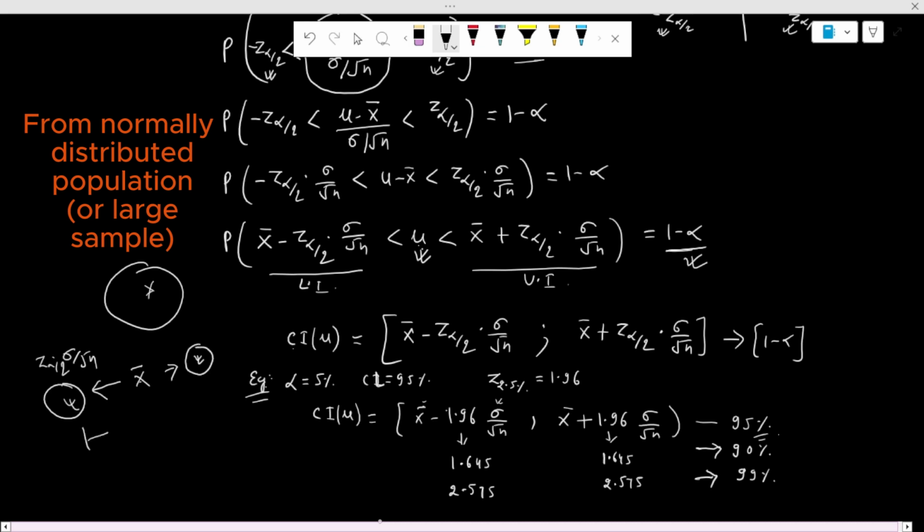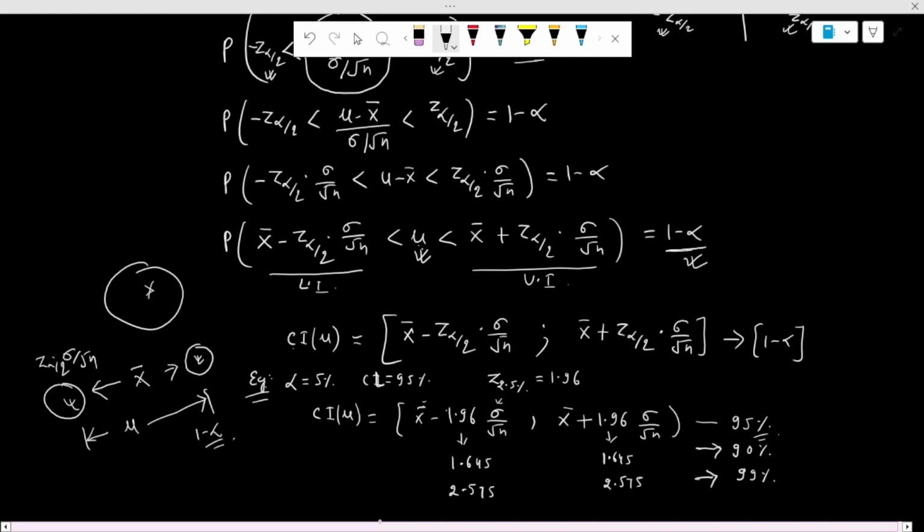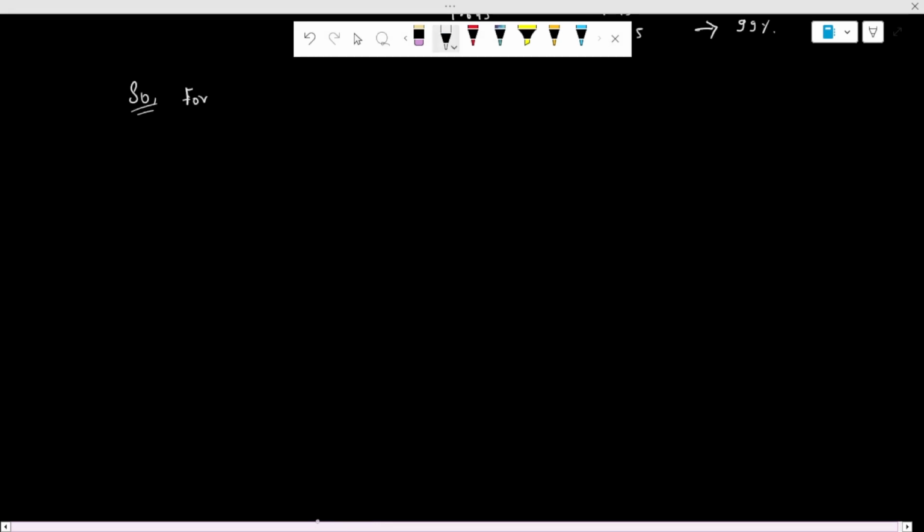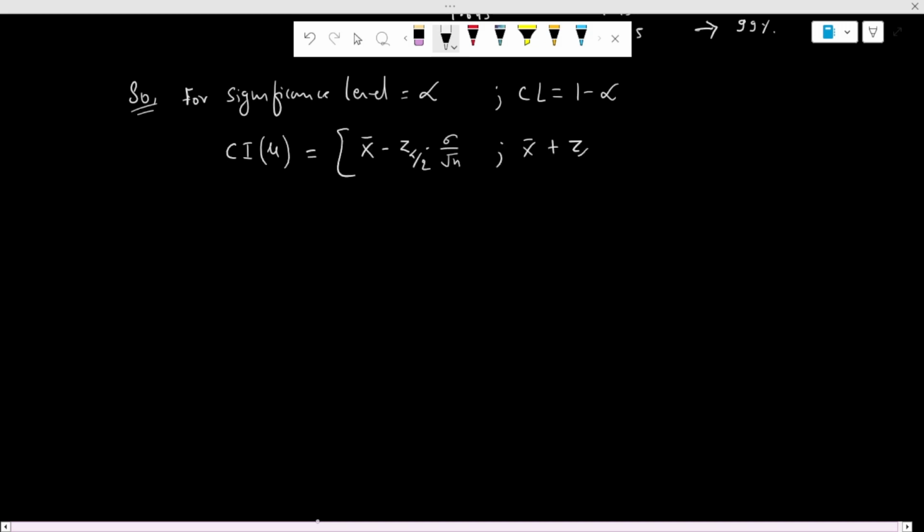And our population mean lies within this interval, and our confidence level in that case is 1 minus alpha. So for significance level alpha, our confidence level is 1 minus alpha. The population mean lies within this interval this percentage of the time.